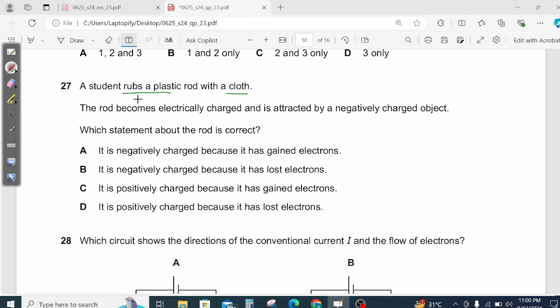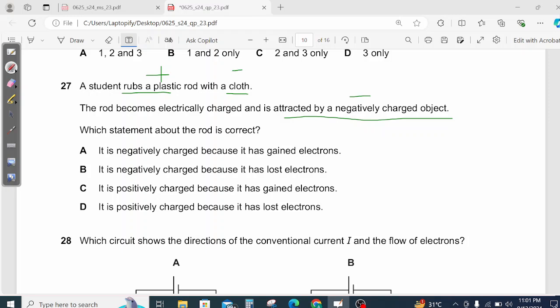It has mentioned that when you rub a plastic rod with the cloth, then this rod will get a charge. It has not mentioned which type of charge the plastic rod will get, but it has given a hint here. This rod is attracted by the negative charge. It means it has positive charge, that is why it is attracted by the negative charge. It means when you rub the plastic rod with the cloth, the plastic rod has lost some electrons and the cloth has gained those electrons.